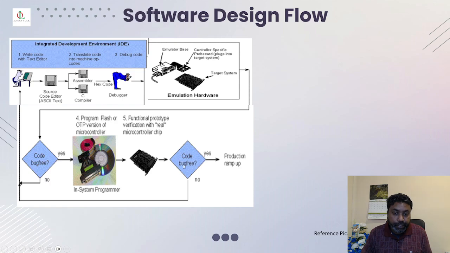If there is any bug, then you go back to the coder team, the development team, and ask them to cover up all the functionality. Once your code is bug free, it's released for production and integration. So this is about the software design flow.